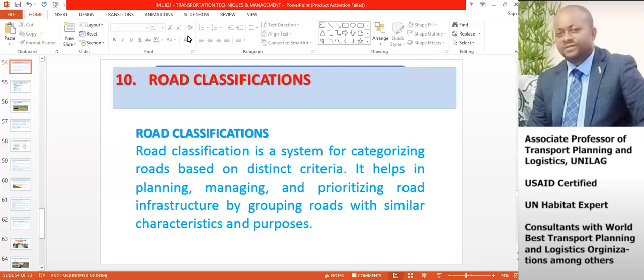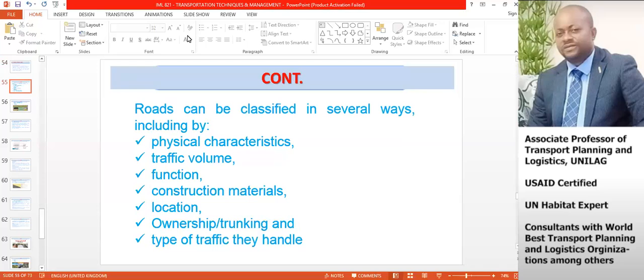So a system of road classification is a system of categorizing roads based on their distinct criteria. I hope that is clear. Now, roads could be classified in several ways, into several dimensions.